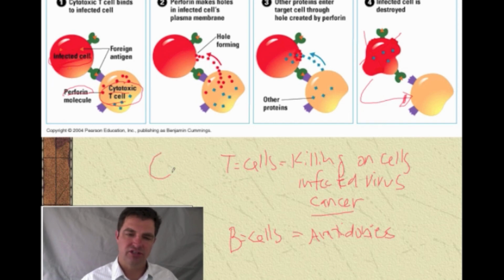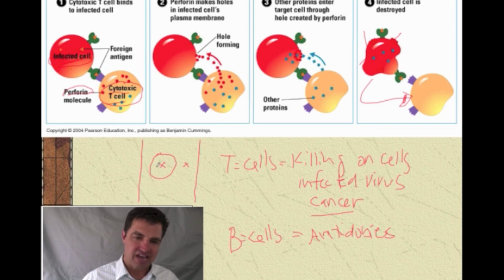So T cells are good if you have your cell and the infection's inside your cell. T cells are good at killing that cell with the infection inside. B cells are really good at killing an infection that is, say, in your blood, but it's outside the cell. It's floating around loose inside your blood. B cells are good at attacking that.